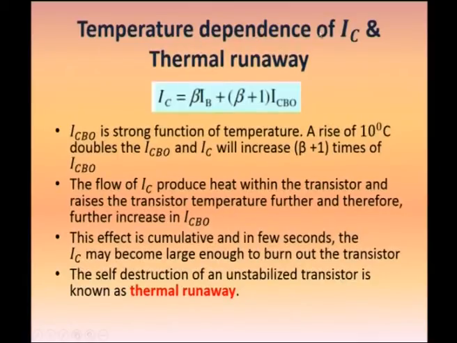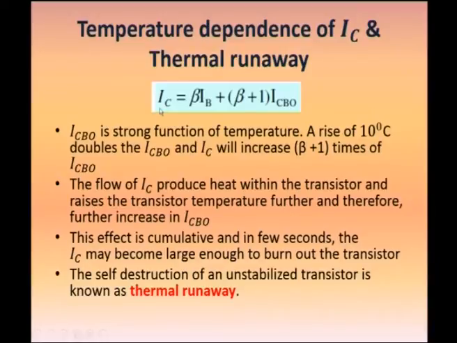The temperature dependence of IC, that is, the collector current. We all know that the collector current is the summation of the current flow by the majority carriers and the current flow by the minority carriers. This ICBO is the leakage current, and when the temperature increases by about 10 degrees Celsius, the leakage current doubles. For every 10 degree rise in temperature, the leakage current doubles, and ultimately the collector current will increase.